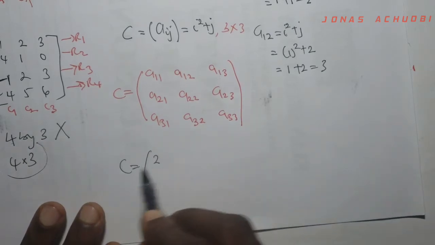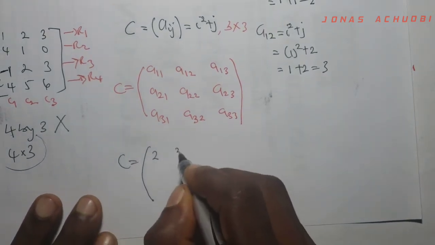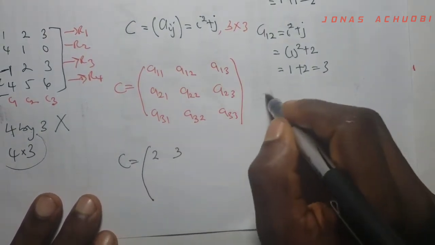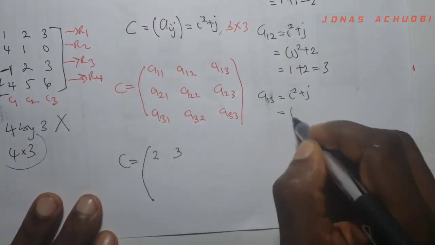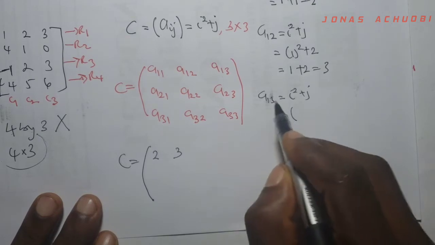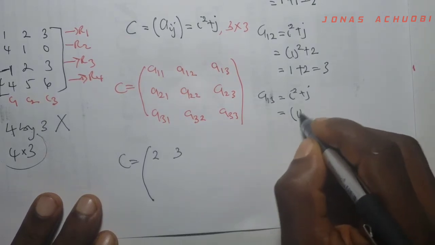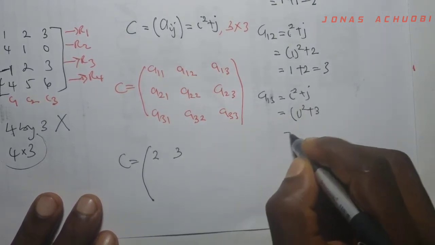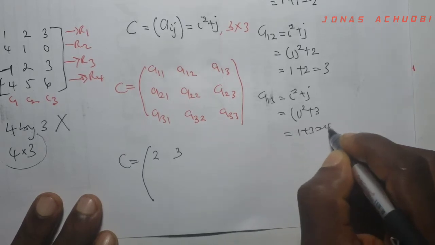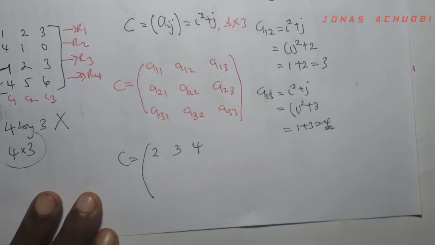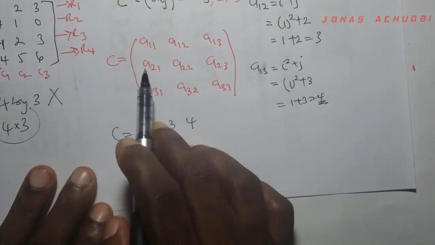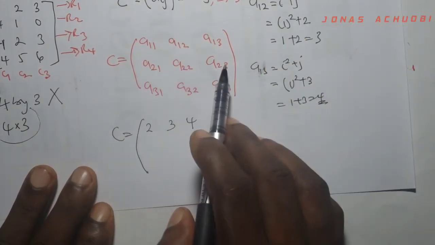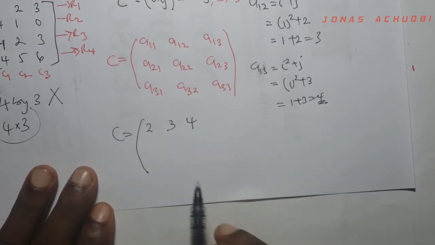So the second entry of matrix C is 3. The third entry, A13: I is 1, J is 3. So 1 squared plus 3 is 1 plus 3, equal to 4. The next entry is 4. We can go on to get the A21, A22, A23, A31, A32, A33 entries.